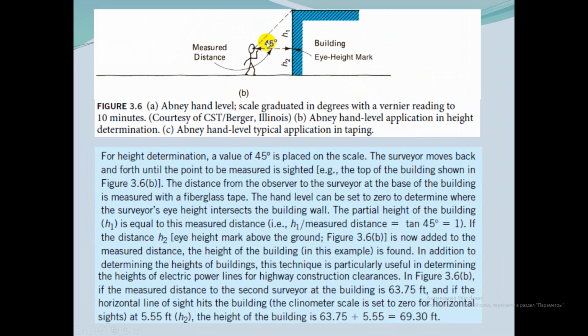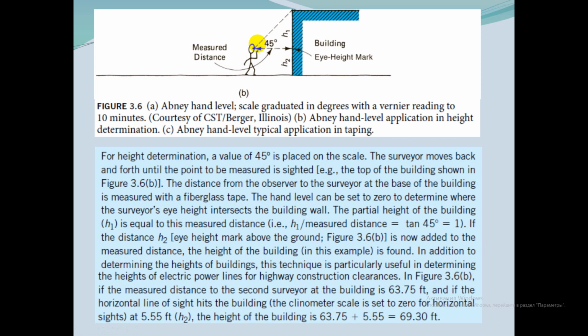So you can see here an application. For height determination, a value of 45 is placed on the scale. The surveyor moves back and forth until the point to be measured is sighted.